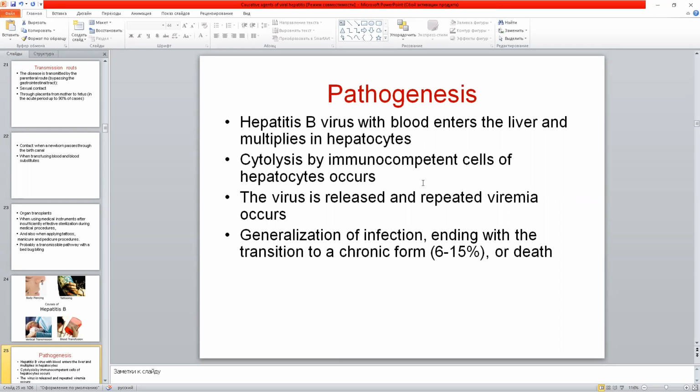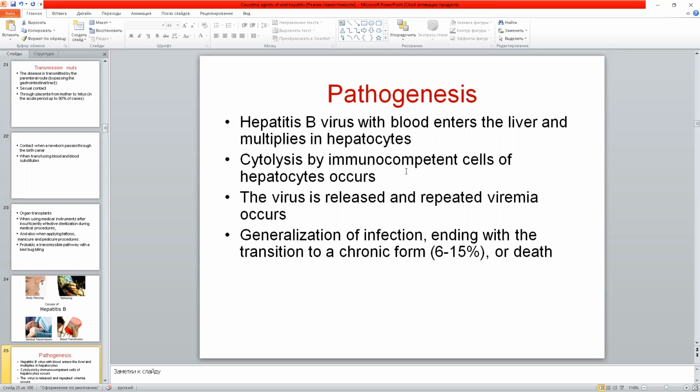But at the same time, these hepatocytes infected by the virus have antigens of hepatitis B virus on their surfaces. And these foreign antigens are recognized by immunocompetent cells, T lymphocytes, T helpers, because the main function of the immune system of the human body is to keep genetic homeostasis. The first task is that they constantly check the own cells of the human body, looking for changes in antigens.